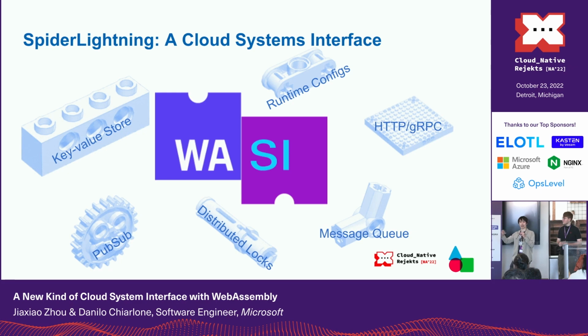You can think about it as a bunch of profiles that extend the traditional POSIX-like WASI to have capabilities for your distributed applications like key value store, HTTP, message queue, distributed logs, etc. And we are working closely with the community to drive the specifications for those capabilities.